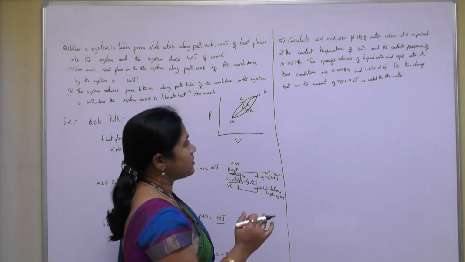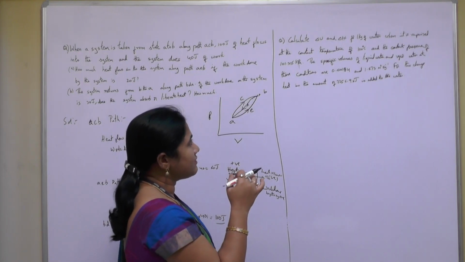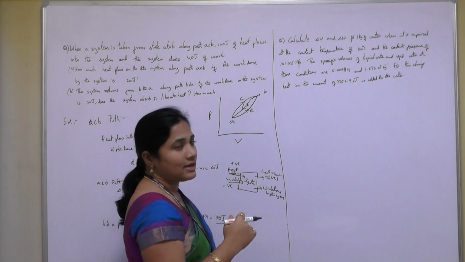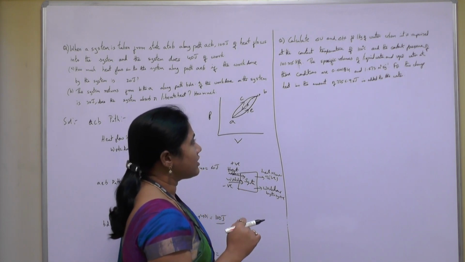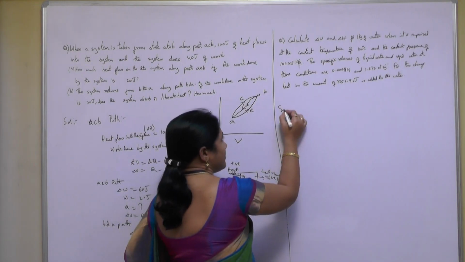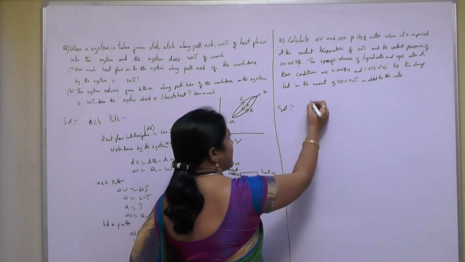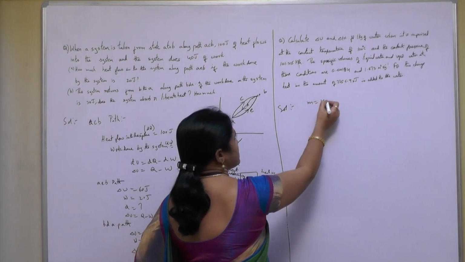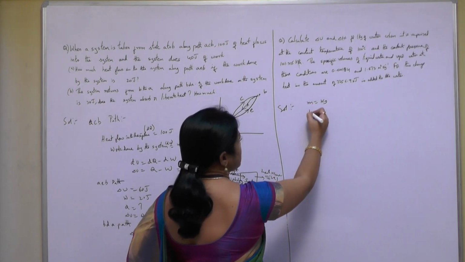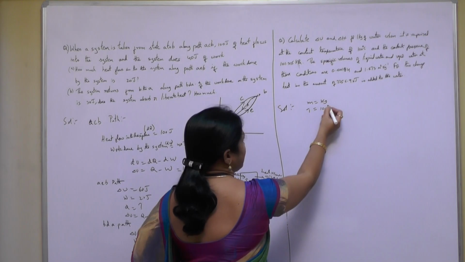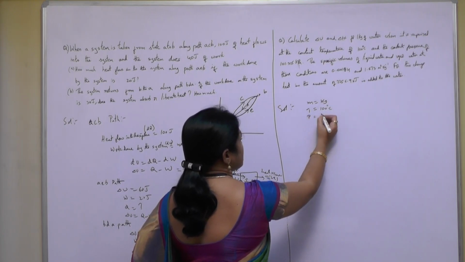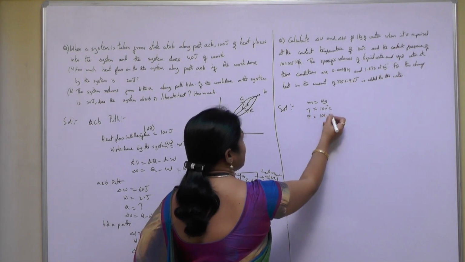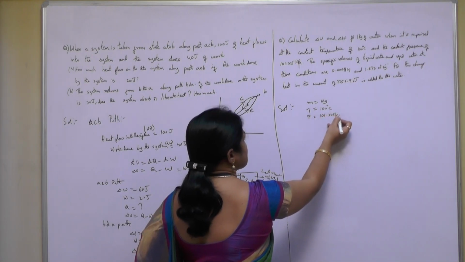So here some data is given. We have to find out the internal energy change and enthalpy of the 1 kg of water. First we have to write the given data. Here mass is given, 1 kg, the temperature is 100 degrees Celsius, and it is a constant pressure process at 101.325 kilopascals.